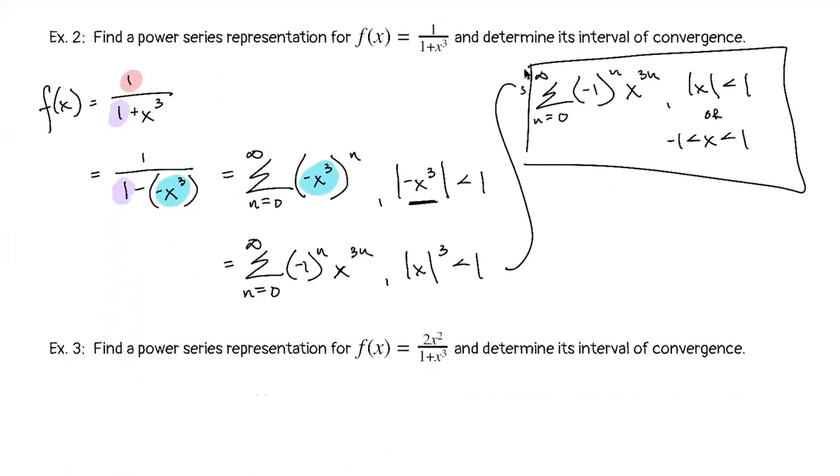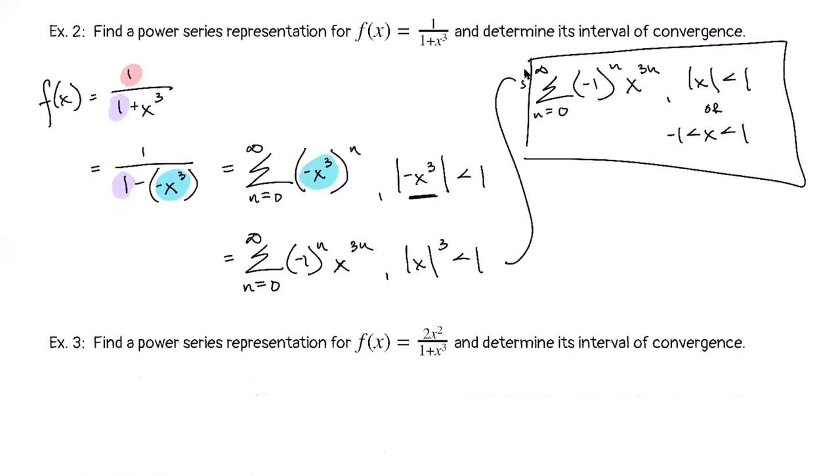So let's take a look now at example number 3, okay? Again, this is something I want us to see as a game of what matches with our initial geometric representation, but also what matches with things that we've seen before, okay?